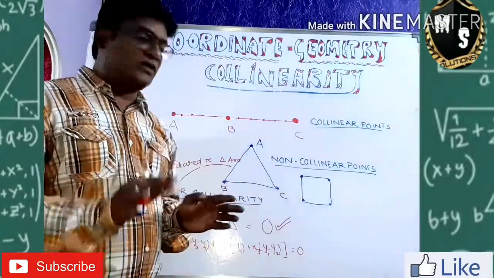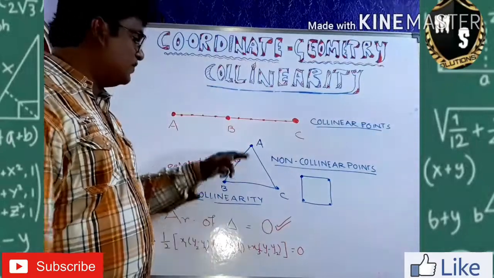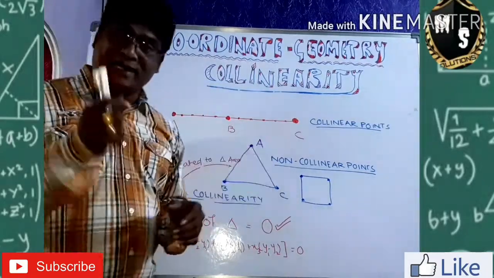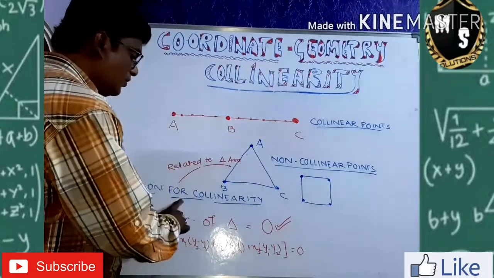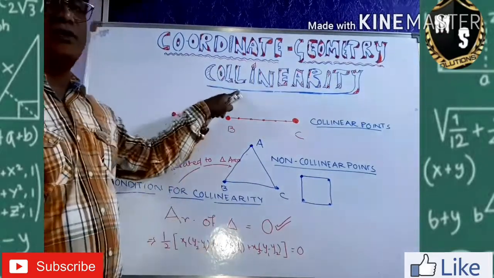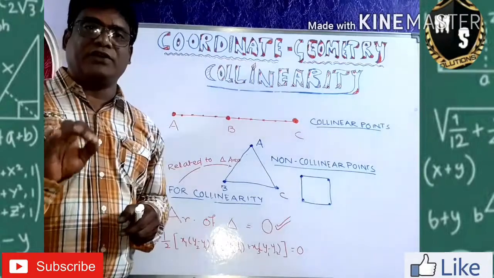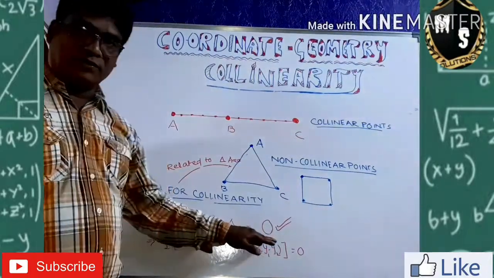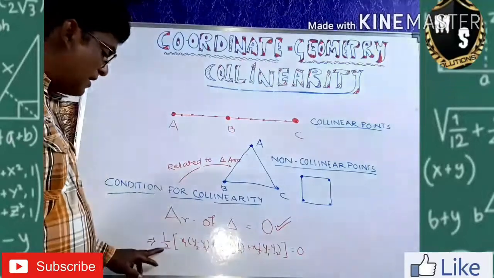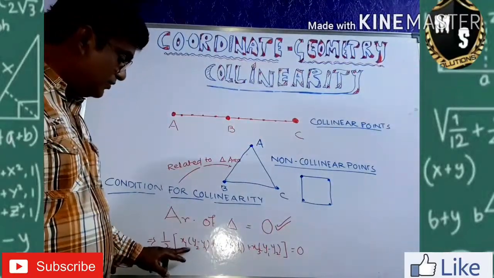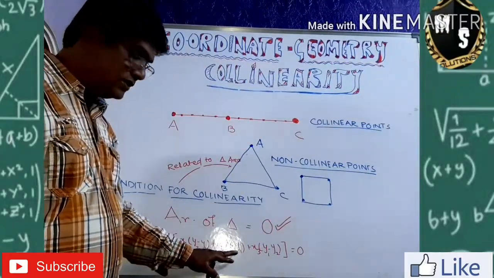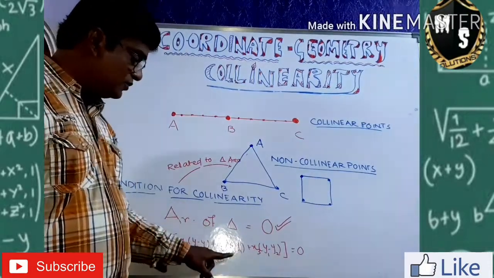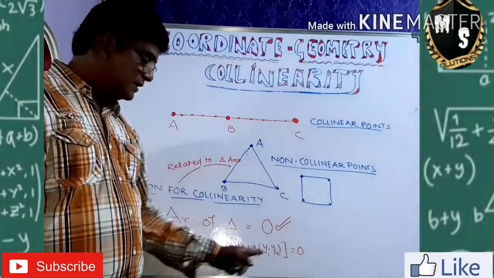So when the area of the triangle is equal to 0, these points are called collinear points, and that is the condition for collinearity. Understood now what collinearity is? In coordinate geometry, the area of the triangle will be equal to 0. What is the area of the triangle? Half into x1 into (y2 minus y3) plus x2 into (y3 minus y1) plus x3 into (y1 minus y2).